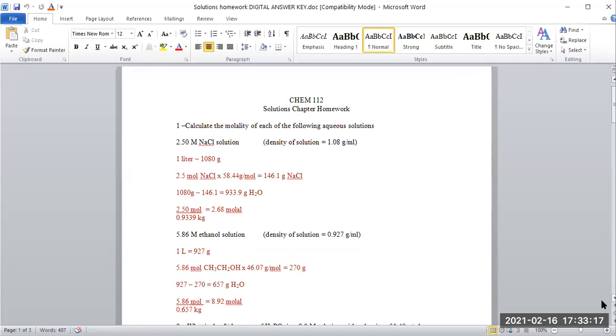So the first couple on the page are all about starting with molarity, which we remember is moles per liter of solution, and converting it over to molality, which is moles per kilogram of solvent. Hence, why you need the density as part of your given data.